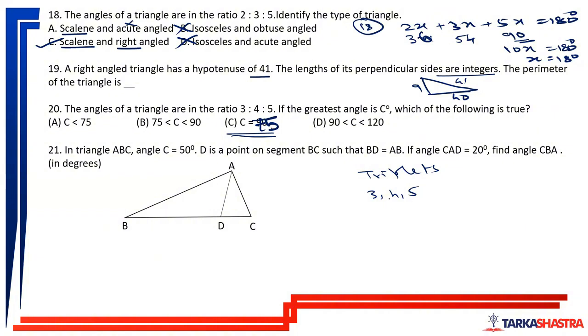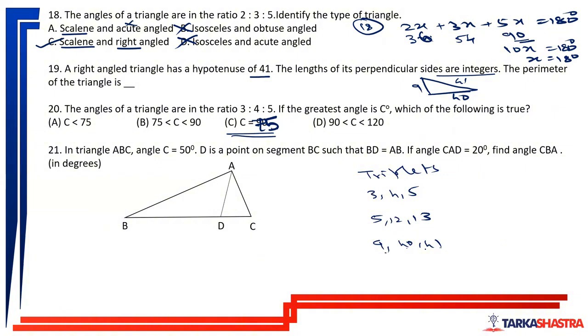Yes or no? 3 square plus 4 square is equal to 5 square. Then 5, 12, and 13 is a Pythagorean triplet. 5 square plus 12 square is equal to 13 square. Yes or no? Similarly, 9, 40, and 41 is also a Pythagorean triplet. Why? Because 9 square plus 40 square is equal to 41 square. Okay, this is a Pythagorean triplet.